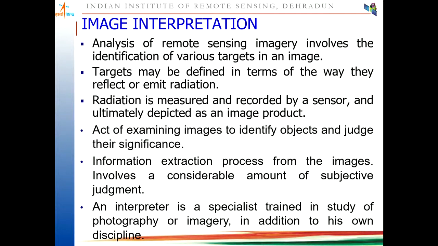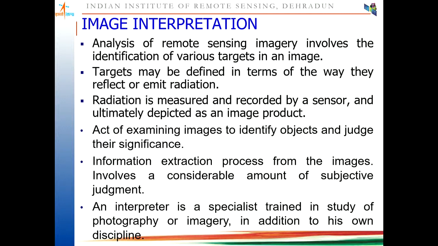Now, what is image interpretation? We could say that the analysis of remote sensing imagery involves identification of various targets in the image. Targets mean features, right? So these targets would be defined in terms of the way they reflect or emit radiation.